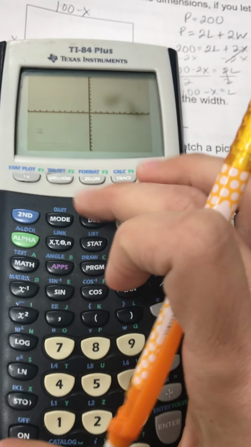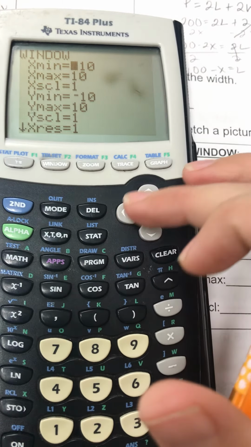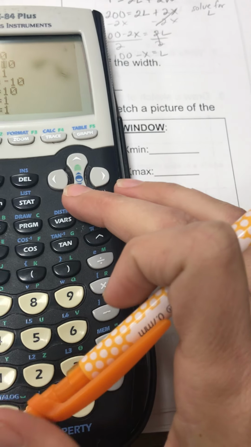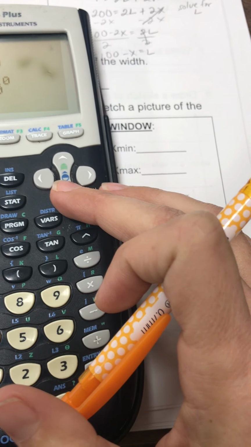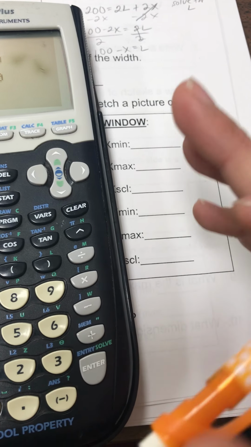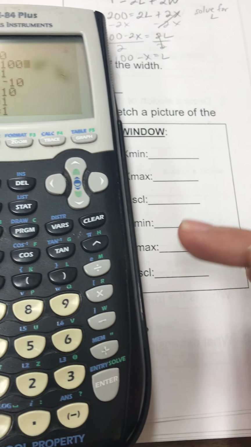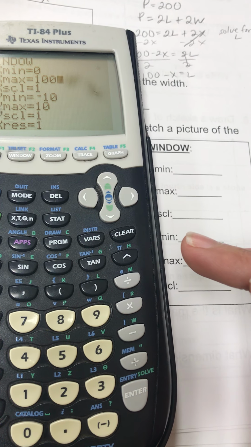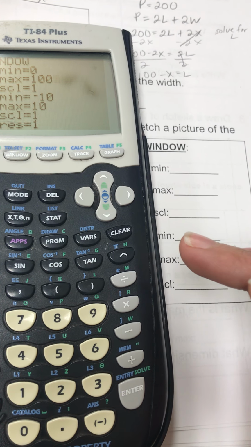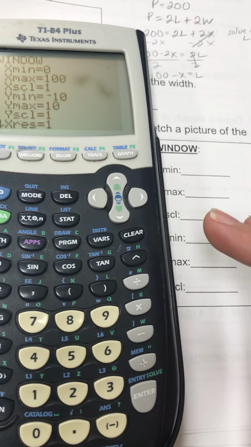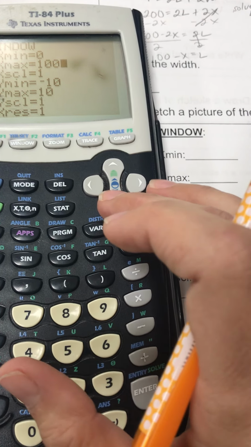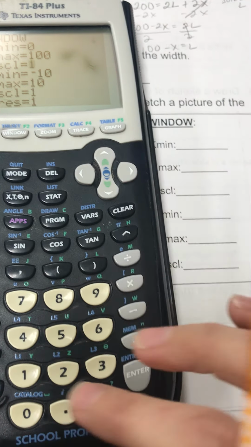So you're going to come back over to your calculator, you're going to hit window, okay? And I'm going to put 0 as my min, and I'm going to put my max to be 100, and that's because it's half of my perimeter. So my length was 100 minus x, right? Then my x scale is going to be 20.